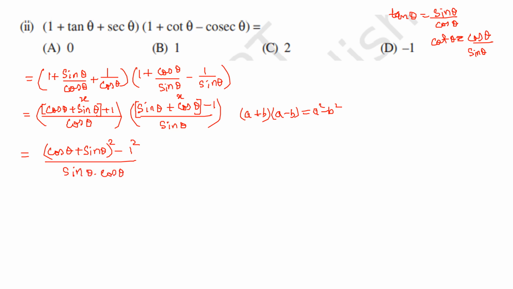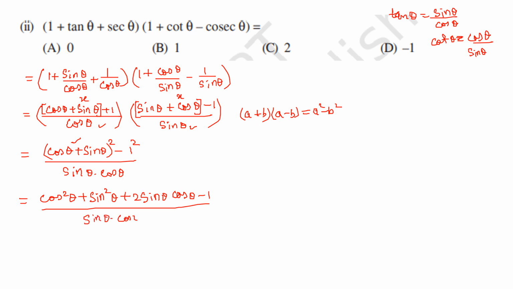From where did I get the denominator? The product of cos theta and sin theta is sin theta into cos theta. Now use here a plus b whole square. So it will give you cos square theta plus sin square theta plus 2 sin theta cos theta minus 1 by sin theta into cos theta. I hope you all remember a plus b whole square, isn't it?